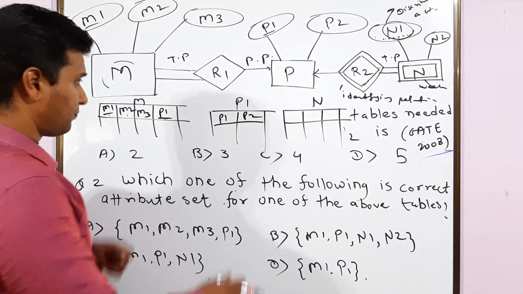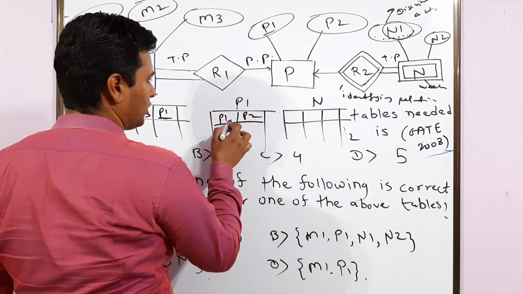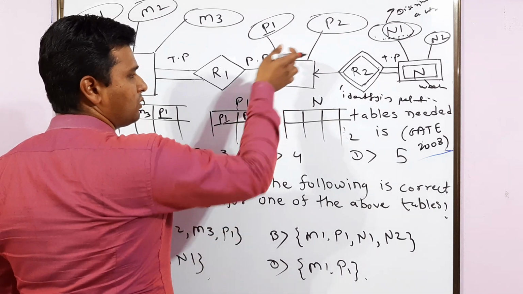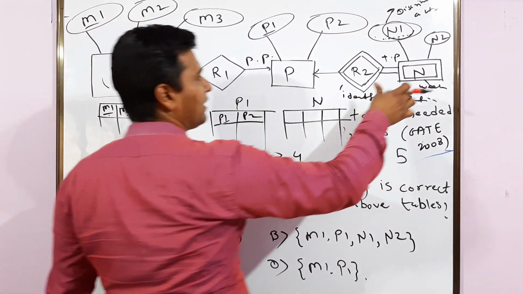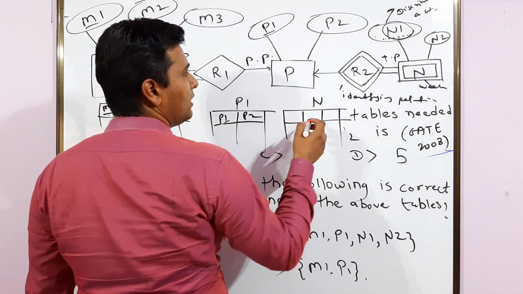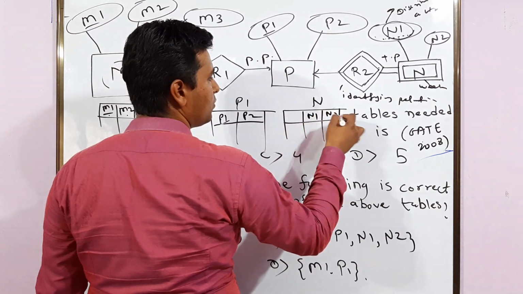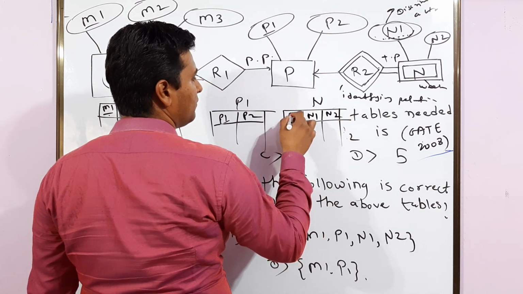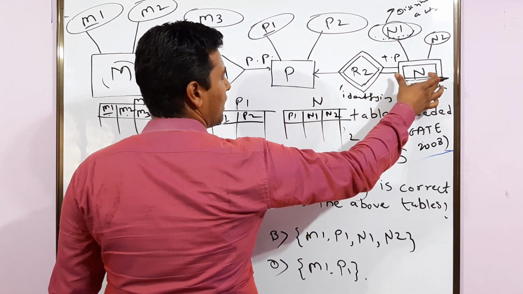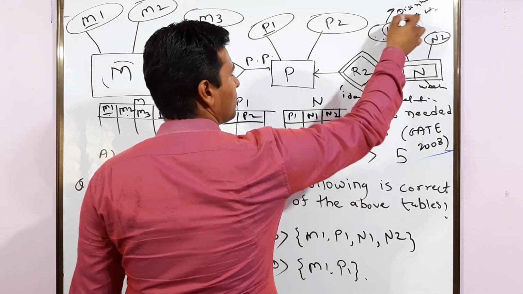Now for P, we are going to keep P1 as the primary key, P2 as it is. For the identifying relationship, we are going to add N1, N2, and P1, because this is the identifying relationship and this is the discriminator attribute.